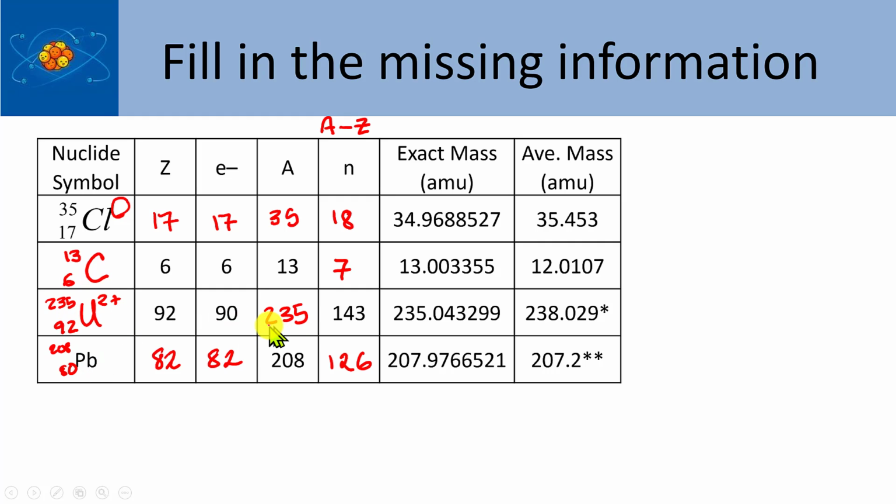And then we have a 235 here. That's the mass number. The way I got 235 was I hopefully added the atomic number and the number of neutrons together correctly. Now 82. You can tell I did it wrong once, because I had the wrong number there. 82 is for lead, and lead 208 has 82 protons and then 82 electrons because it's neutral.